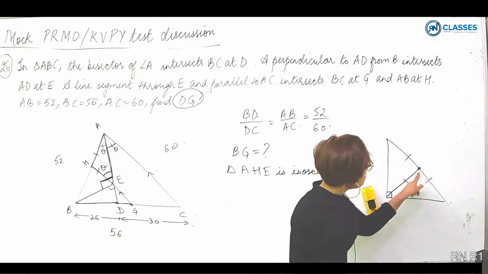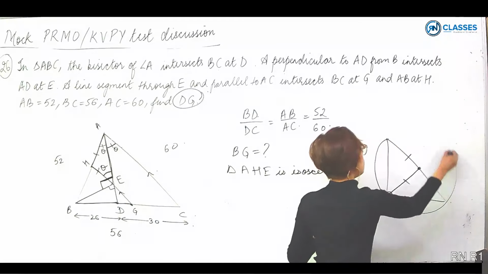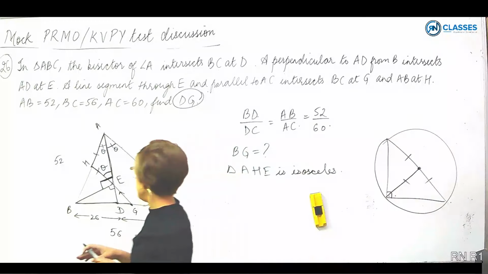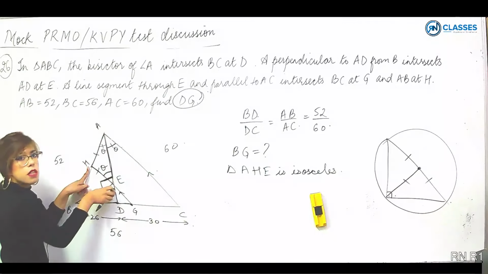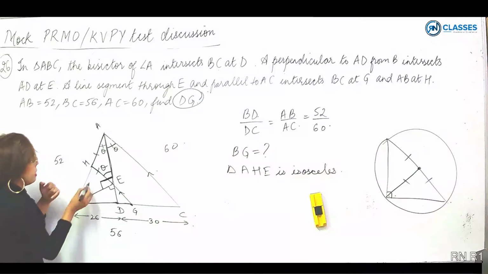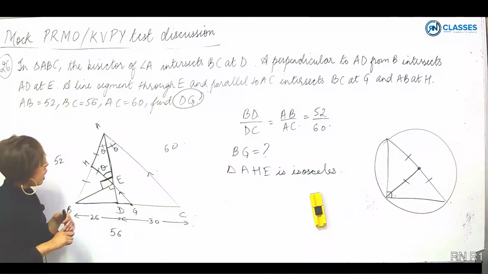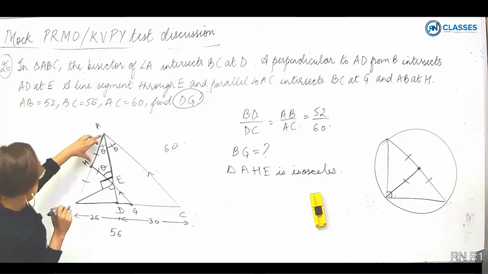Why? Because this midpoint is nothing but the circumcenter of this triangle. This is a point which is equidistant from these two vertices. Obviously, this point will be equidistant from the third one also. That means this is equal to this.